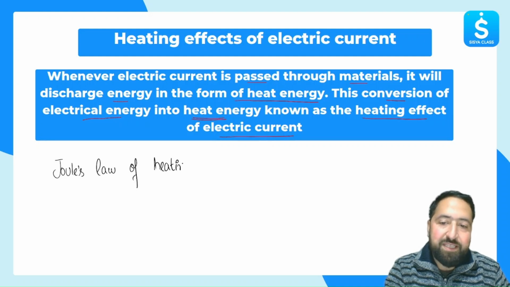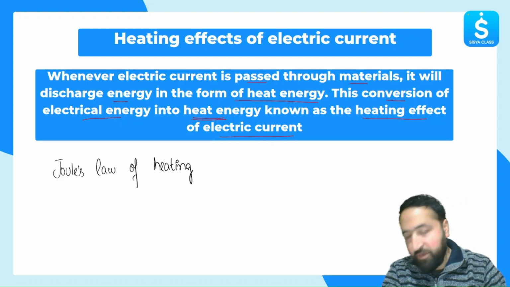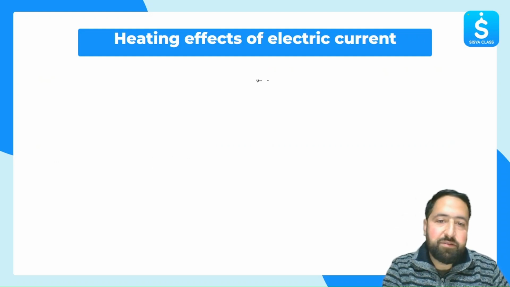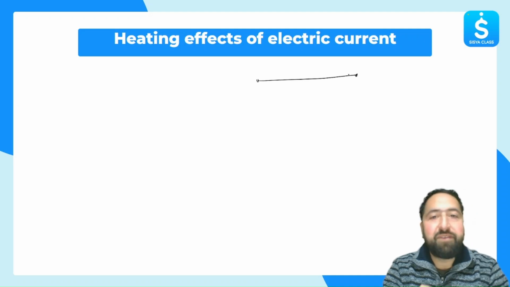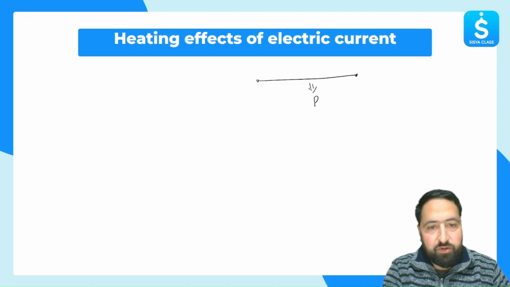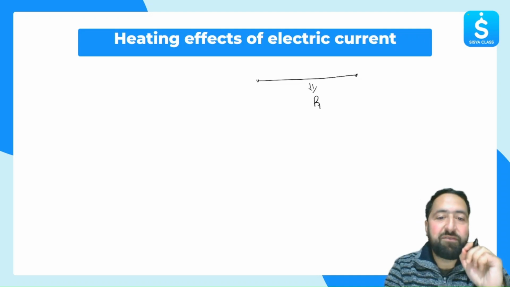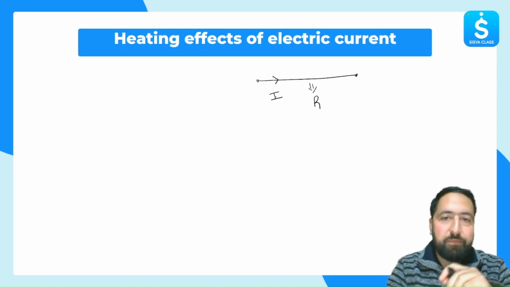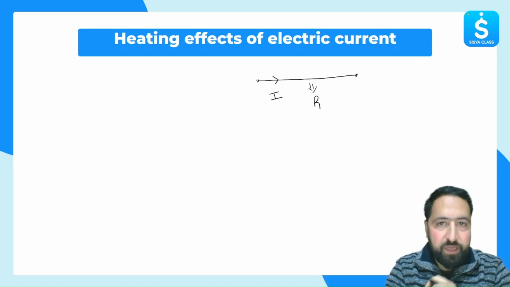Let us understand that. For example, I have a wire. The resistance of the wire is R. The current flowing through this wire is I. It can be 2 amperes, 3 amperes, 4 amperes.